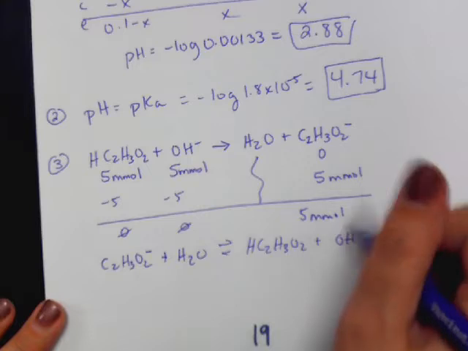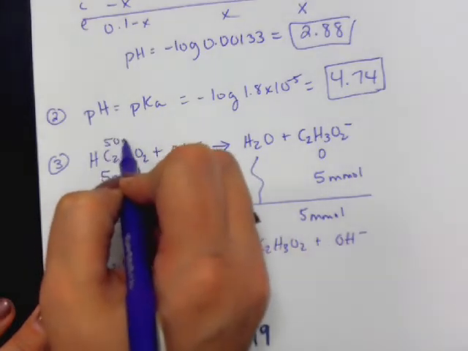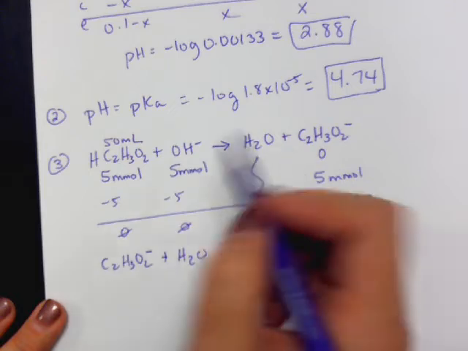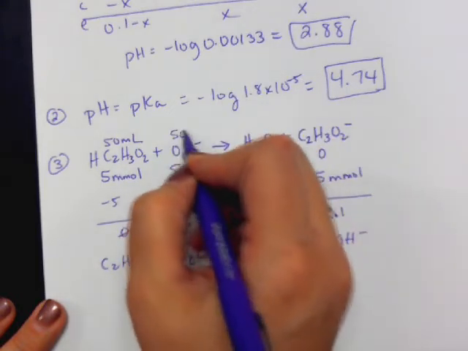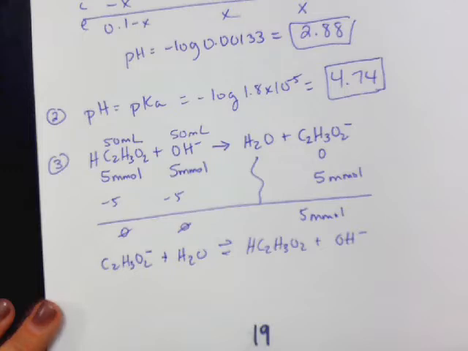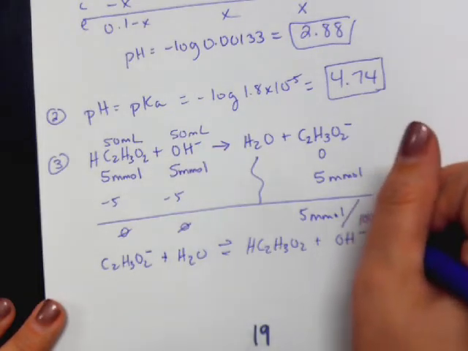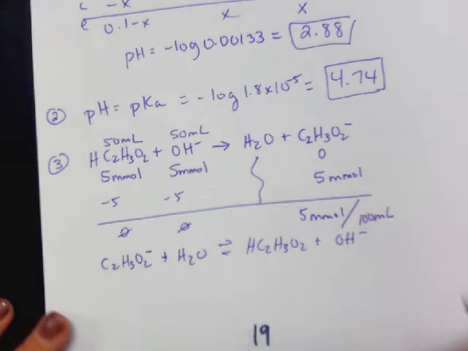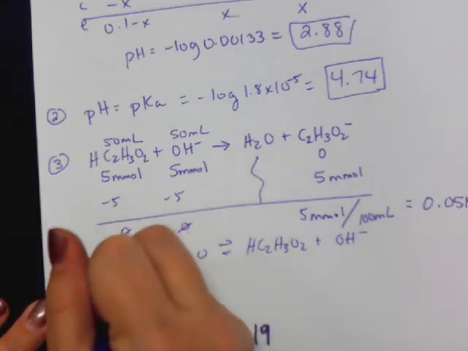So to get to this point, we added 50 milliliters of our acid, and since they're the same concentration, the same number of millimoles, we also ended up adding 50 milliliters of our base. So our total volume then is 100 milliliters. If we divide millimoles by milliliters, then we will get our molarity. So 5 divided by 100, we get 0.05 is our concentration. So that is our initial concentration.